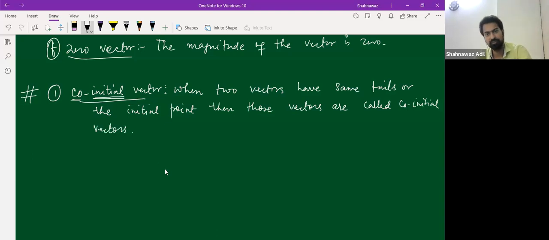Understood, guys? So let's say you have these vectors and this vector. Are these co-initial?